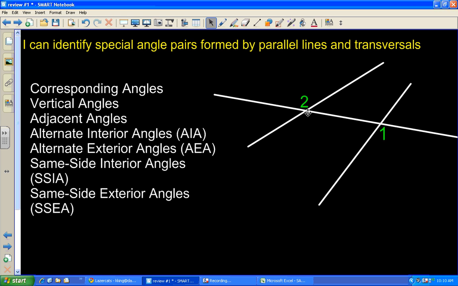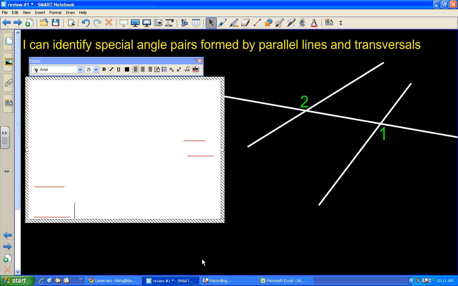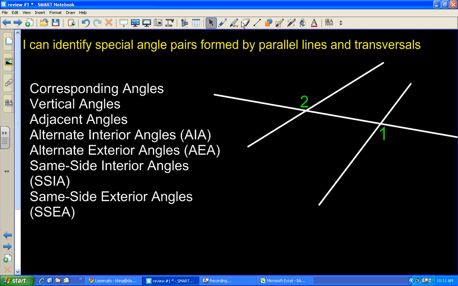I then look and I notice, hey, they're on the outside of those two lines. They're not between them, but on the outside. So that tells me that those are alternate exterior angles, right? So that's what this learning target wants you to do. It simply wants you to identify what type of angles they are, okay?